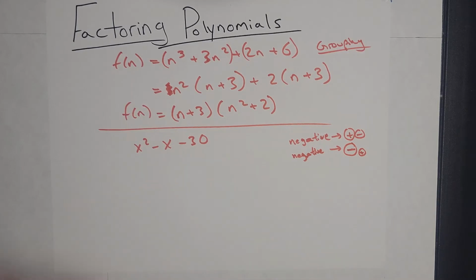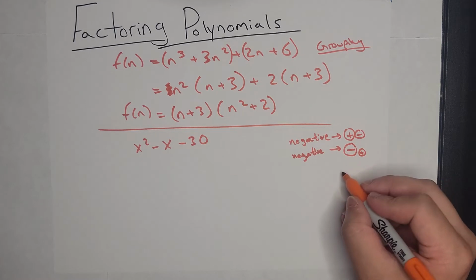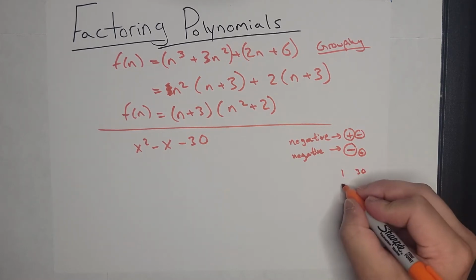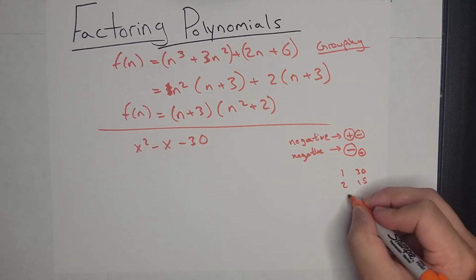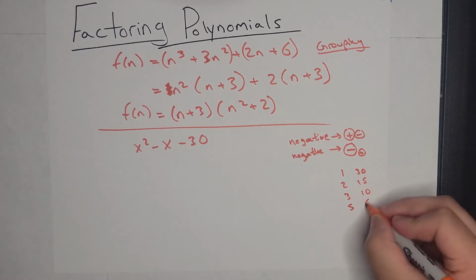So in this case, two numbers that multiply to 30. I mean, you can do 1 and 30, 2 and 15, 3 and 10, 4, not exactly, but 5 and 6.